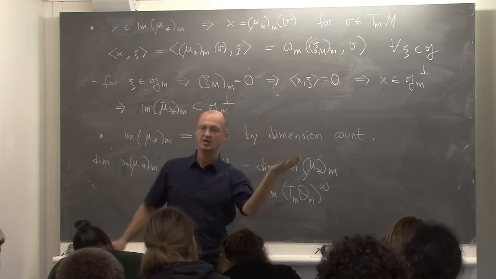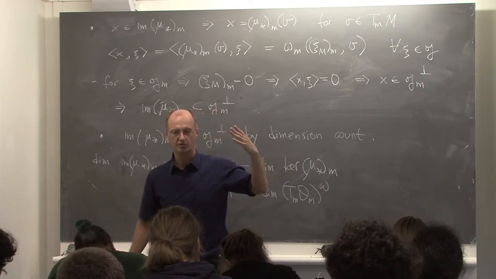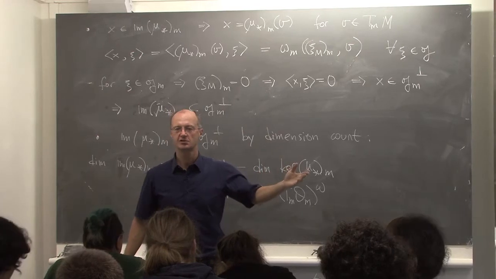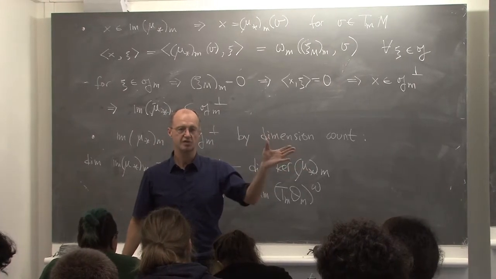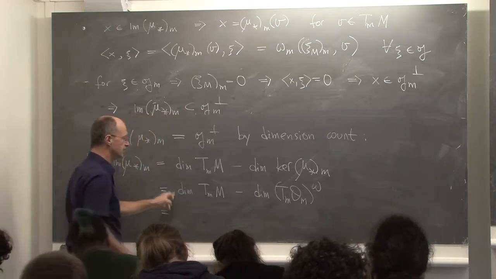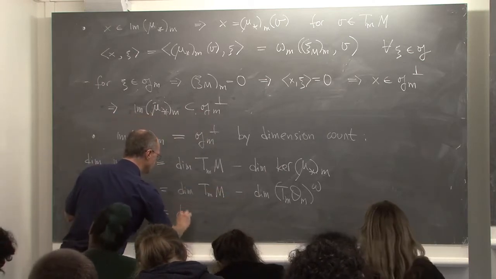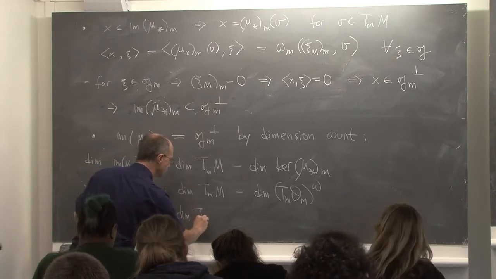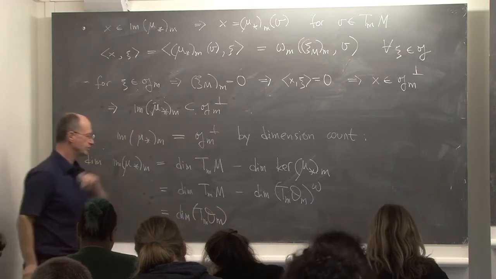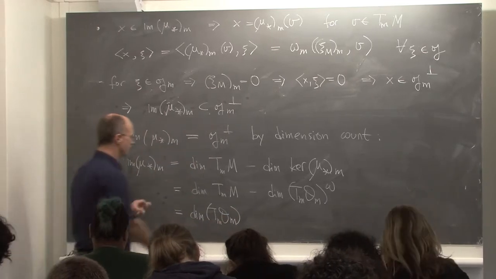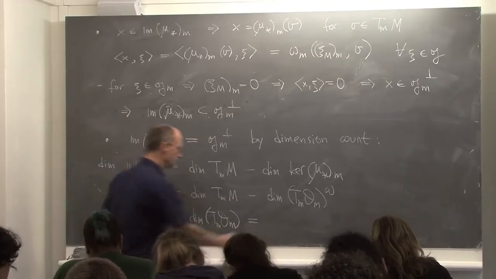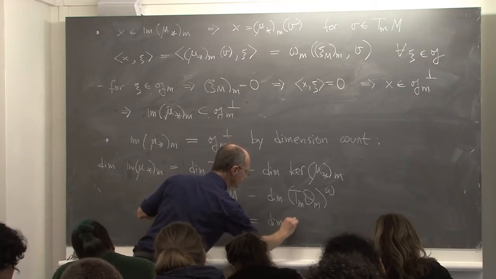What's the relation between the dimensions of the subspace and its omega orthogonal? Do you remember? So the dimensions add up to the dimension of the space, right? So which means that this is equal to the dimension of the orbit.